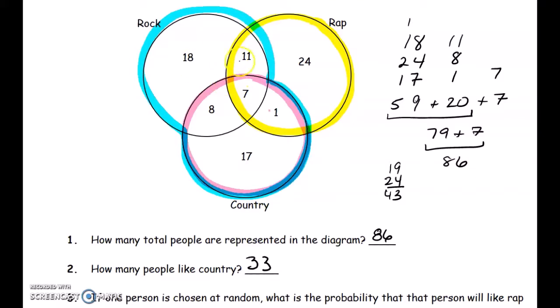If we look at how many people like rock, we have 18 plus 8 is 26, plus another 18, that's 44. All of the people that like country, we have 15, 16, and 17 is 33.